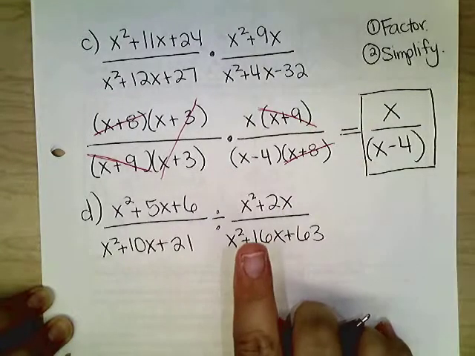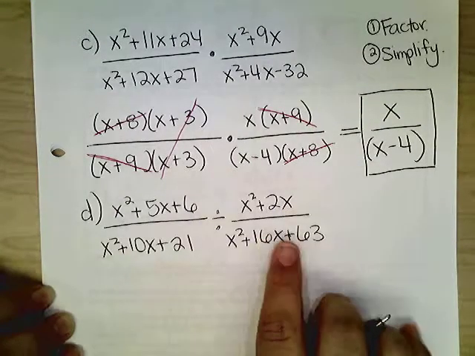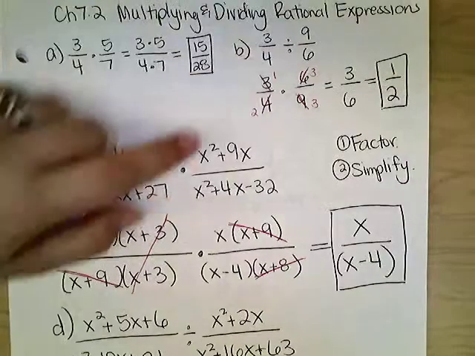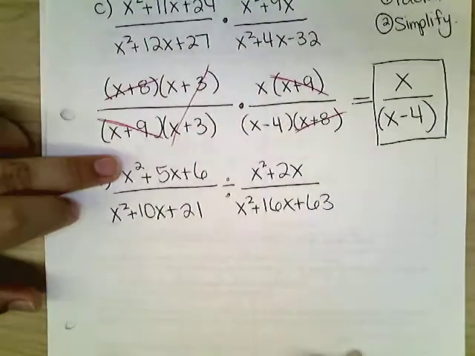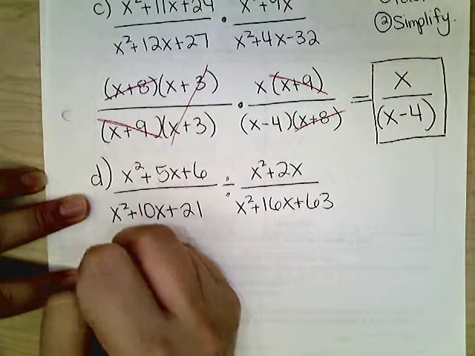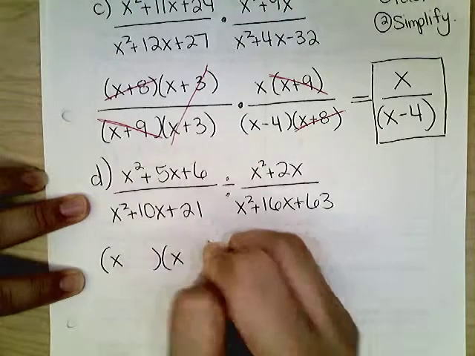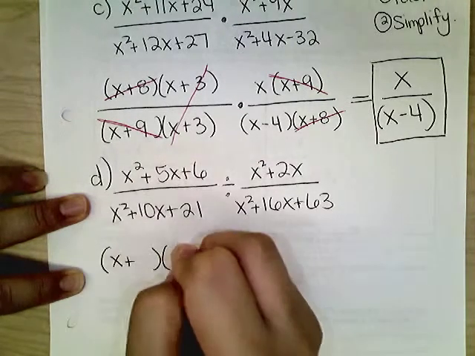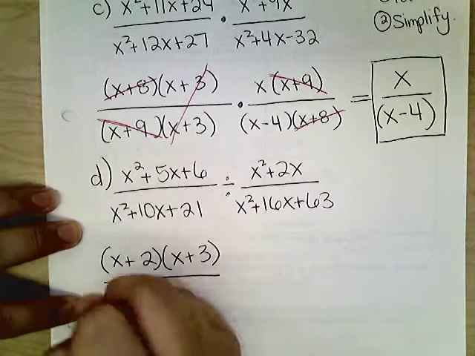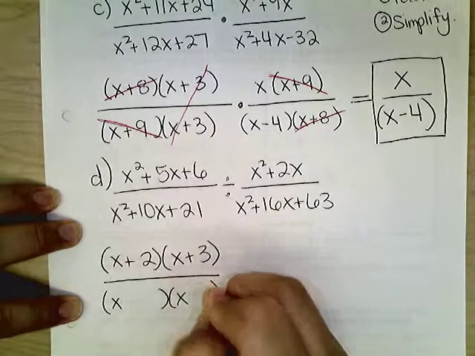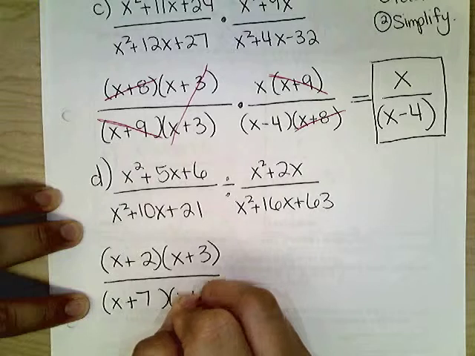Again, our first step is to factor, but because we're doing division and we need to copy dot flip, I'm going to do that while I copy dot flip. So copy the first, and I'm going to factor it while I'm doing that. Let's see, plus and plus, 2 and 3. This factors into x plus 2, x plus 3.